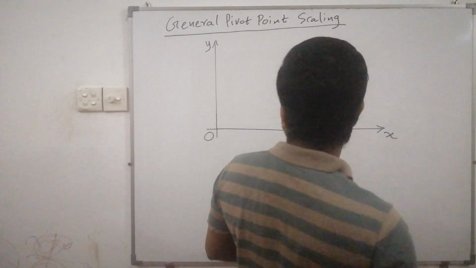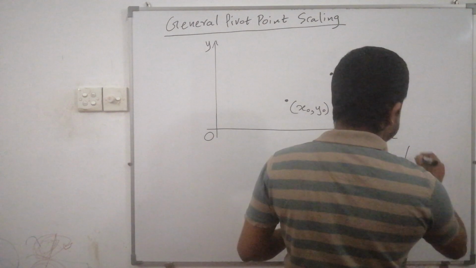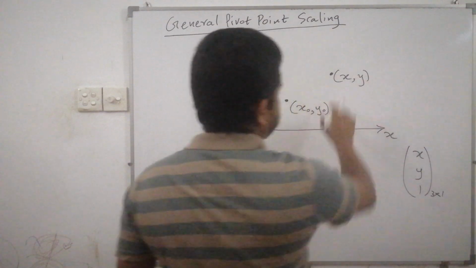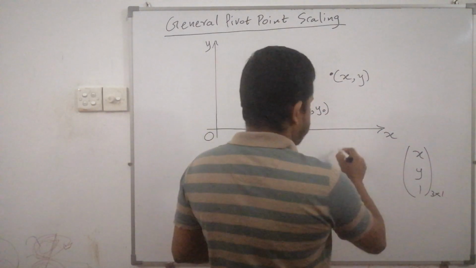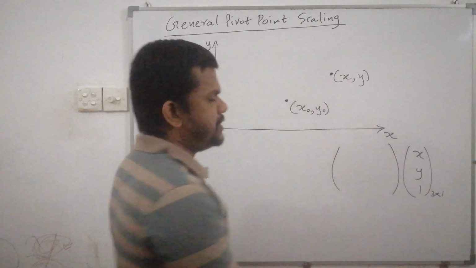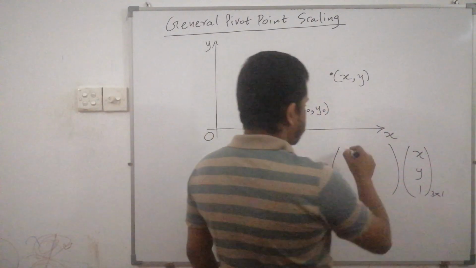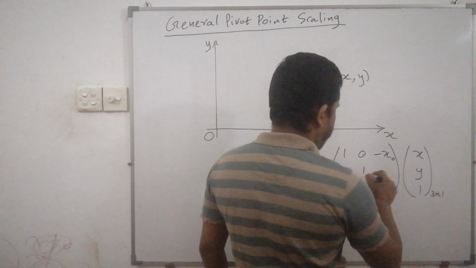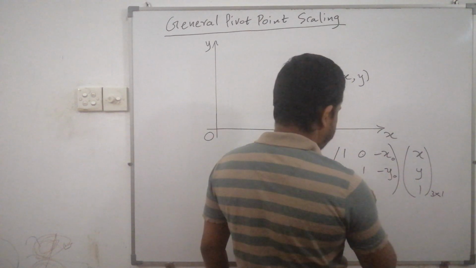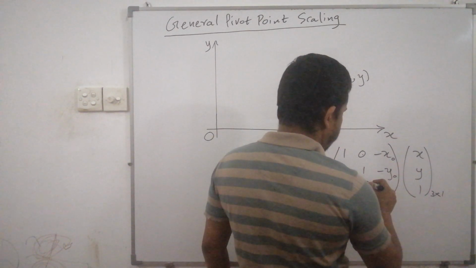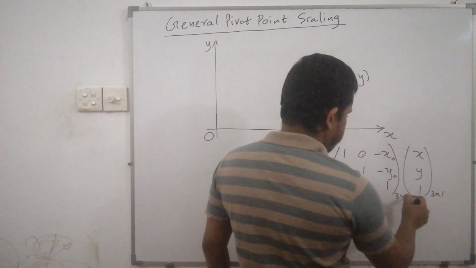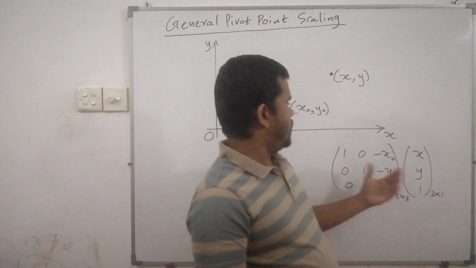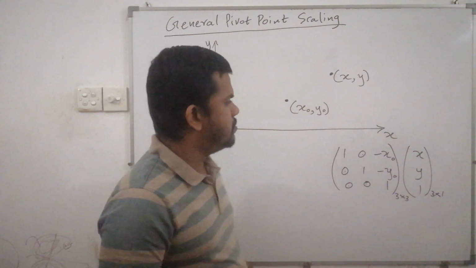First we have this point, 3 cross 1. We apply the translation matrix 1 0 minus x0, 0 1 minus y0, 0 0 1. We apply this translation matrix.